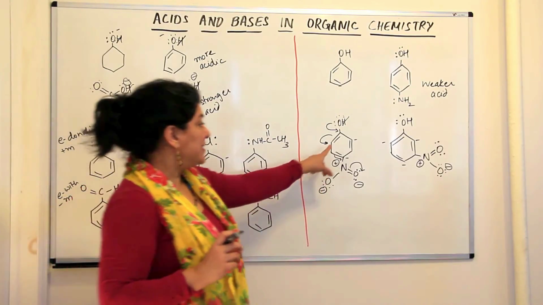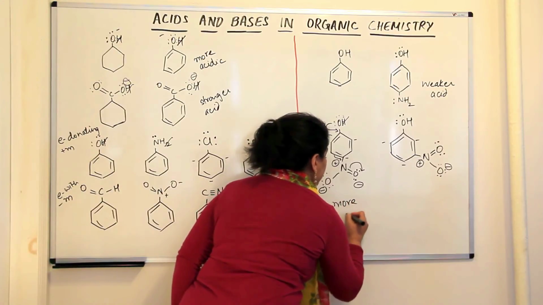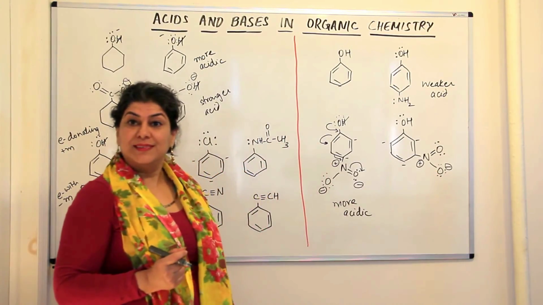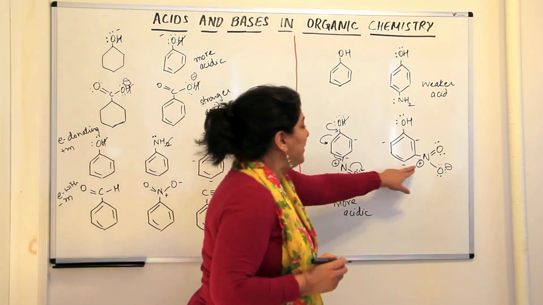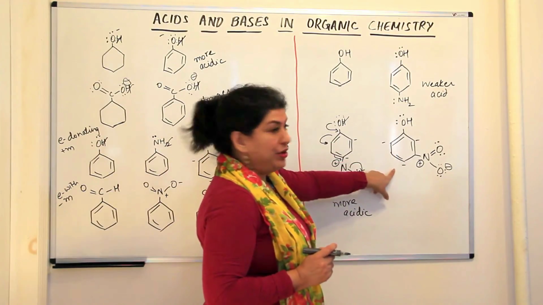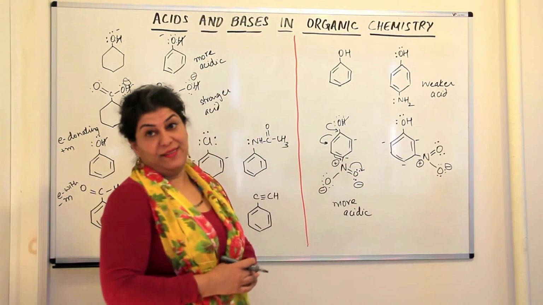The conjugate base, this one is more stable, so therefore this is more acidic in comparison to this one, right? But of course, the presence of the positive nitrogen makes this a stronger acid than phenol, but this one is even stronger than this.